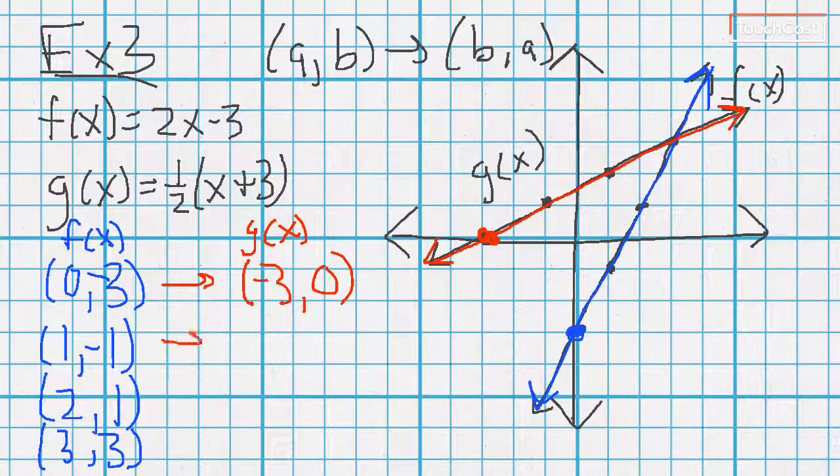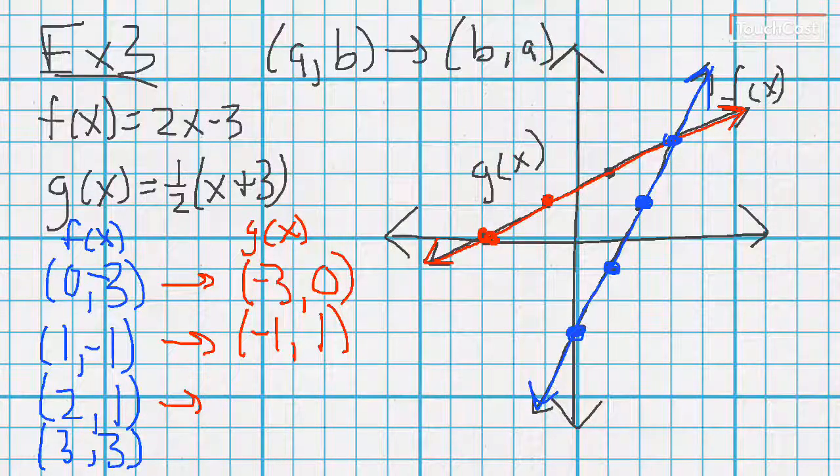Now 1, -1, which is right here in blue, if g of x is indeed its inverse, we should map to the point -1, 1, which, guess what, we've got right here. And we can continue to confirm this with our other points. We've got our 2, 1, and we've got our 3, 3.